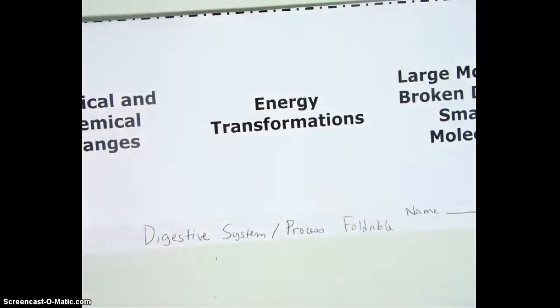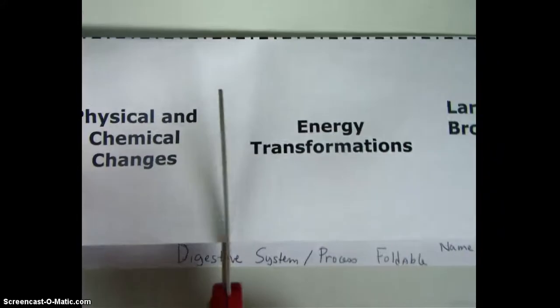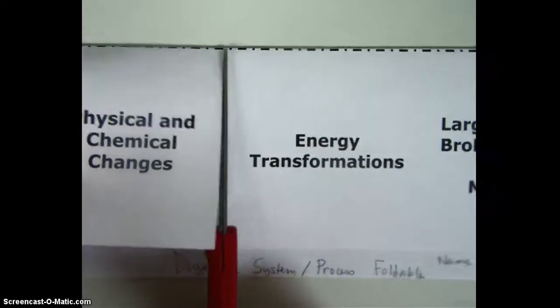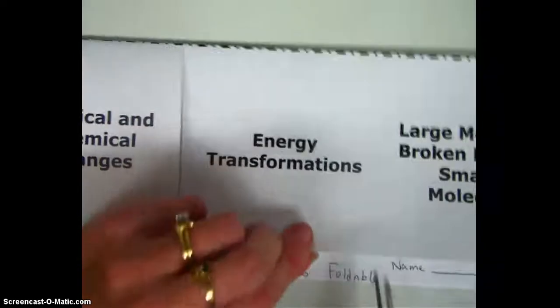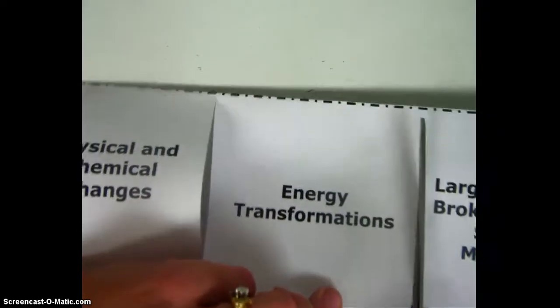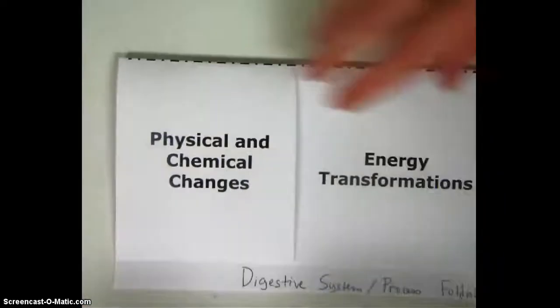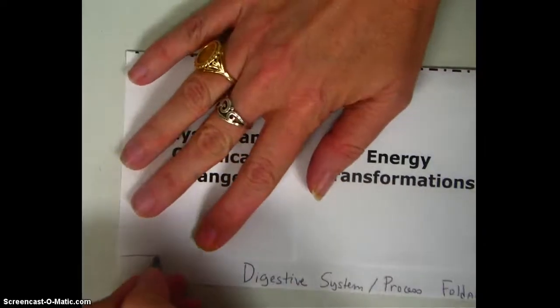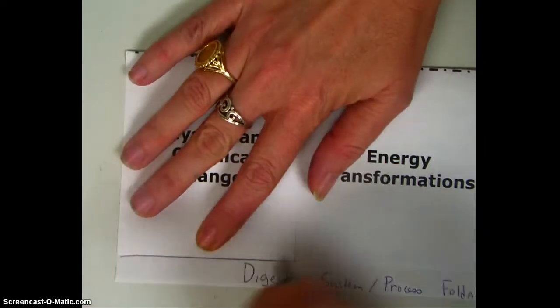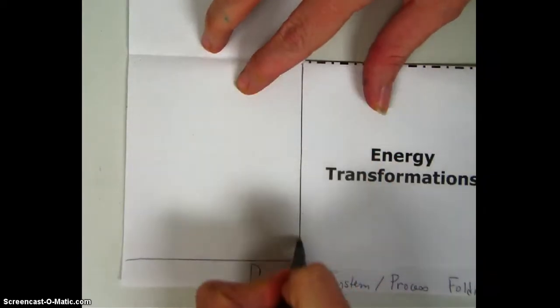Now you're going to need scissors, and you're going to cut between the words. So cut up one flap, and now cut a second flap. Now let's outline where we're going to write. Draw a line at the edge, pull the flap up, and draw.